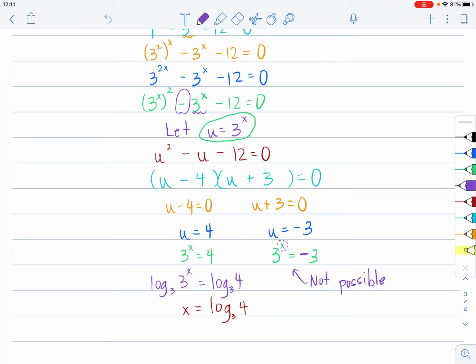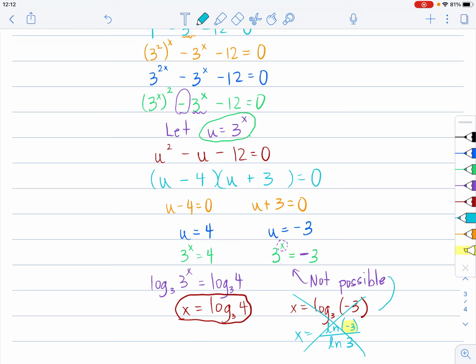Slash, if you did try to log base 3 both sides, like I did over here, when you go to type x equaling log base 3 of negative 3 into your calculator, which you would do as ln of negative 3 divided by ln of 3, it would tell you something like domain error, because what we plug into a log or an ln cannot ever be negative, which is also why this can't work.